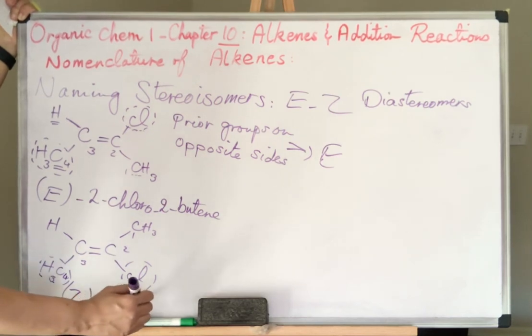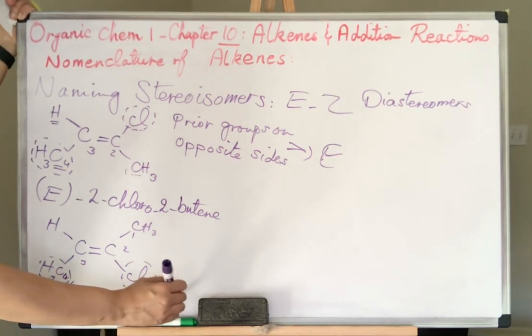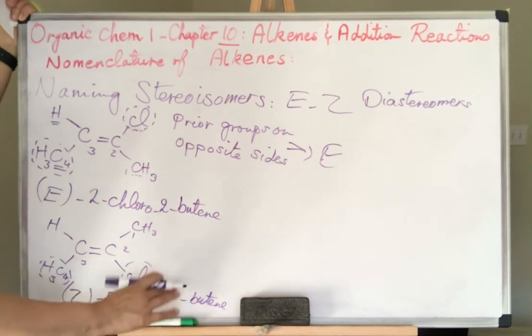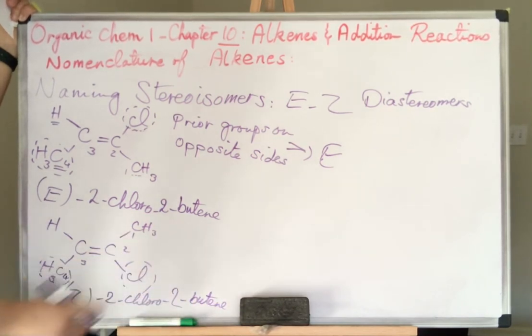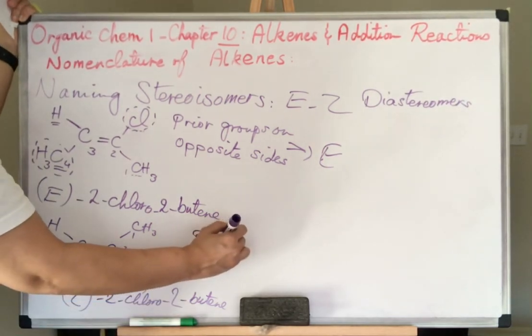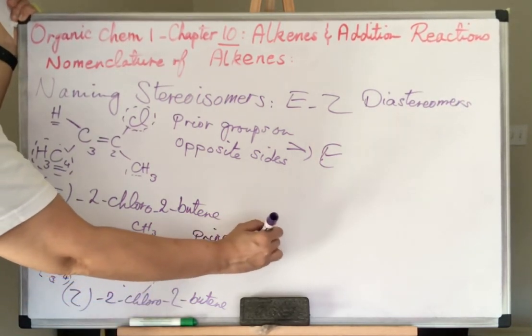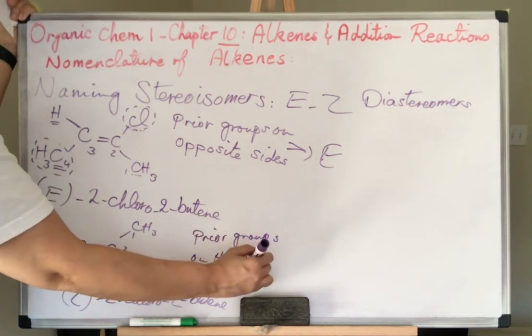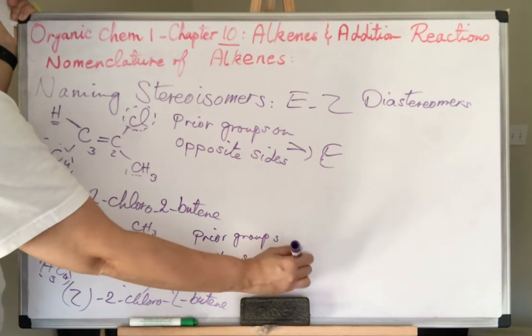Z, 2 chloro, 2 butene. So you use Z, very similar to cis, when prior groups are on the same side.